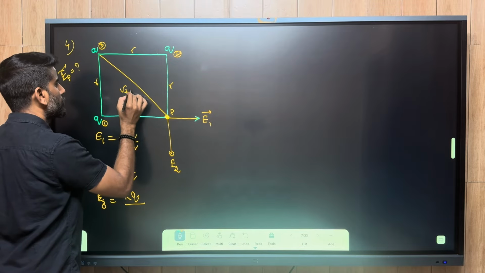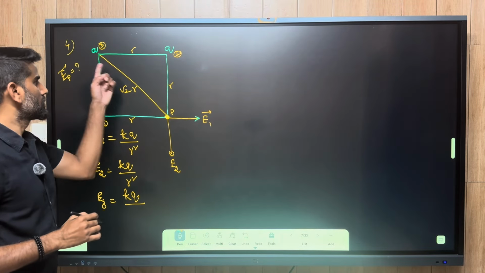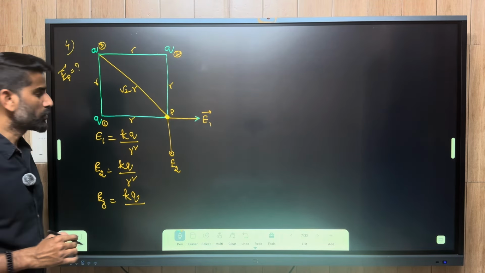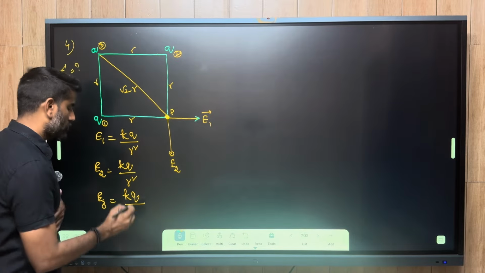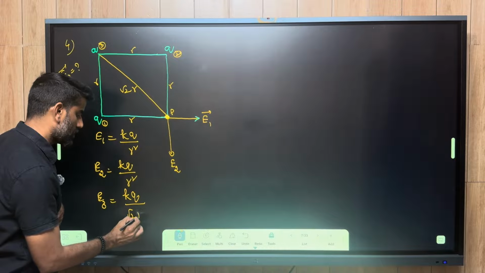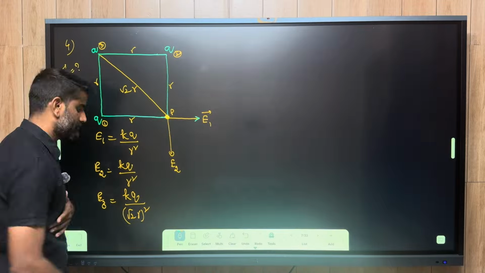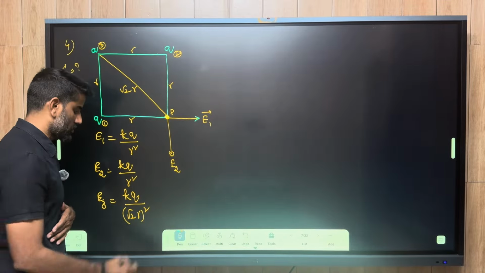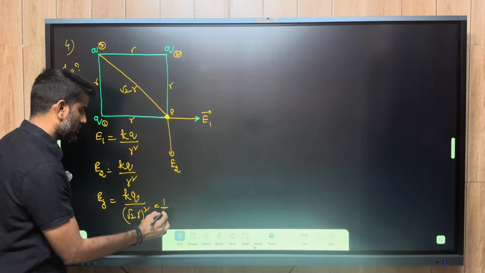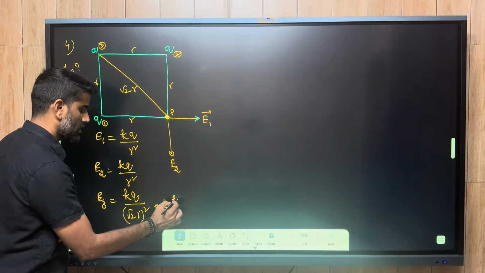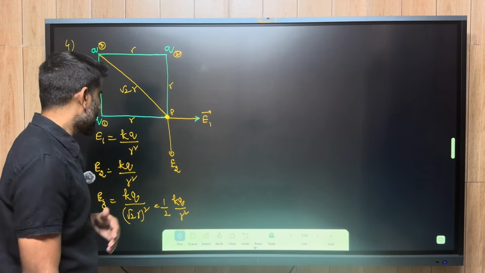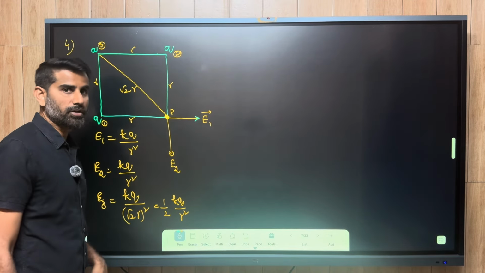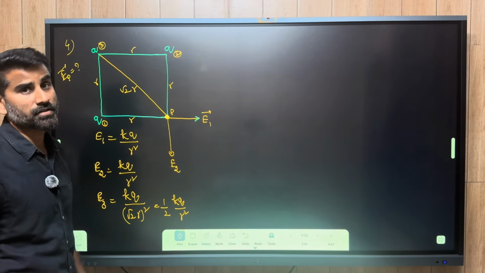It is root 2 R because it is the diagonal. So root 2 R whole square, so 1 by 2 KQ by r square. So this is the electric field due to the point charge at location 3.